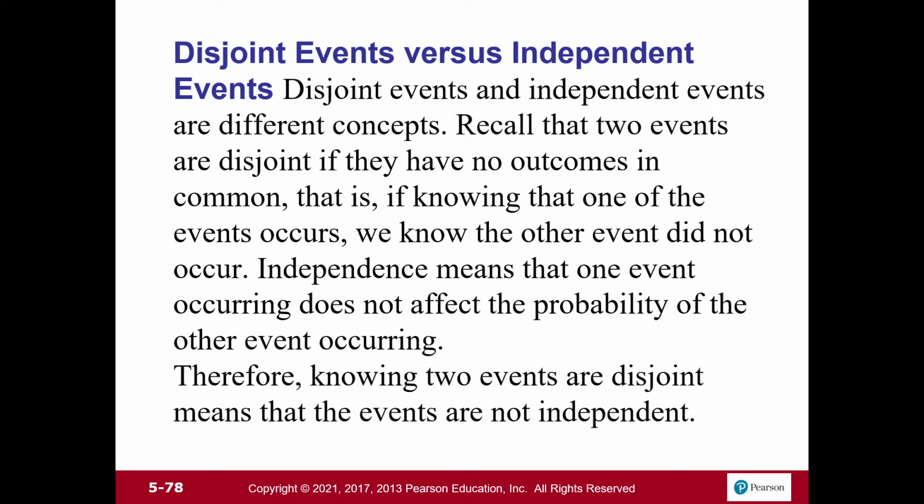Therefore, knowing that two events are disjoint means that the events are not independent. They're trying to really get you to understand the difference between disjoint events and independent events. They're just two different concepts, right?